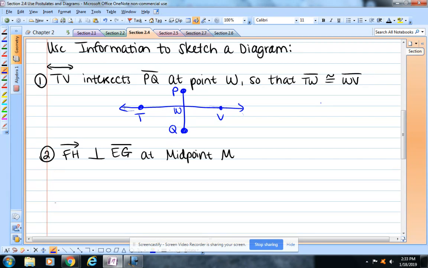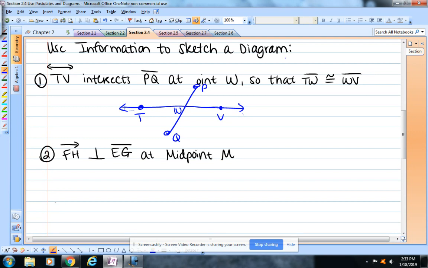Well, no, it's not perpendicular because this segment technically could be slanted. This can be a slanted segment like that. Yeah, those little tick marks.